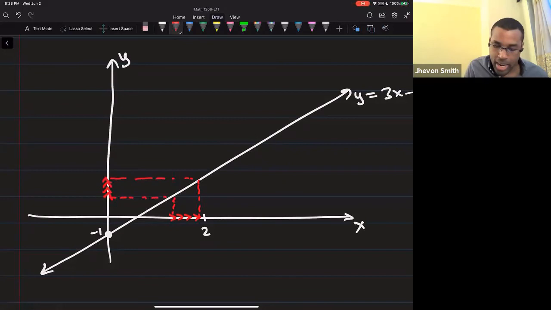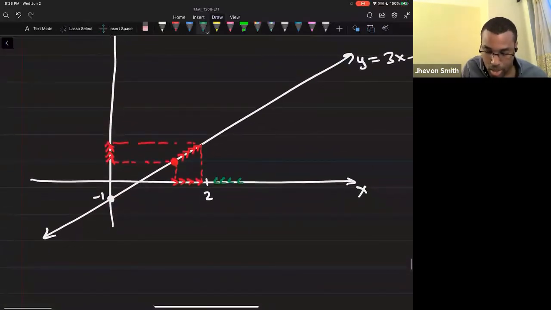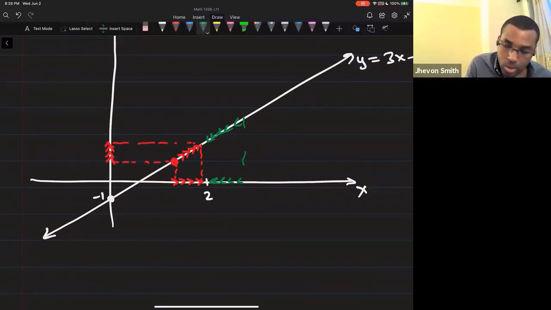As my x gets close to 2, it means I'm on the function moving closer and closer to something, and I want to know what that something is. From the other side, what if my x value is getting close to 2 from over here? Then I'm on the graph moving down to there, which means if I'm tracking along the y values, it's moving down to here.